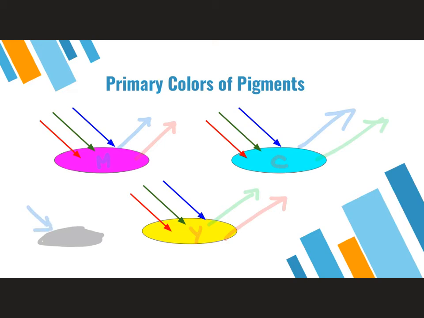I've got red light, blue light, and green light coming in and hitting that black dot. It's not going to reflect anything. So when we see black, what we're actually seeing is the absence of color. People are hard at work trying to figure out how to make the blackest material possible, the one that will reflect the least amount of light. A black dot, like a black sweater or a black cell phone case, or maybe a black Chromebook, we do know that it reflects some light.